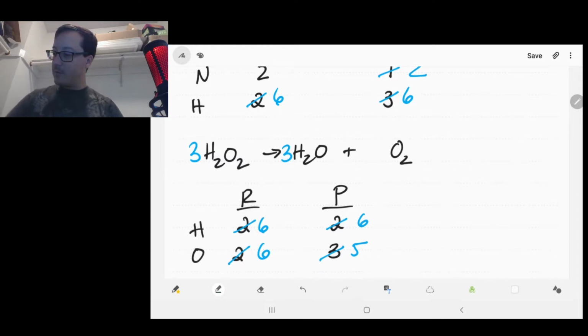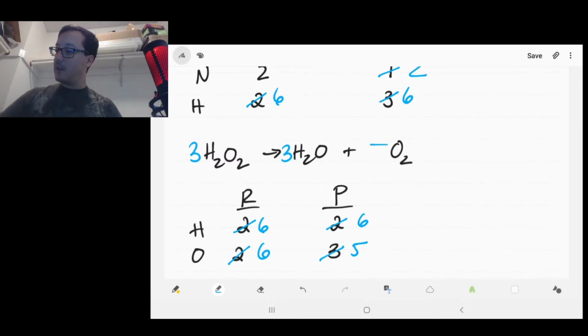let me just put my O2 a little bit more. We have 3 oxygens from the waters now, right? And we have 2 from the oxygen gas, the O2. If we need 5 oxygen or 6 oxygens total, we have 5. Some people like to do this, some people don't.